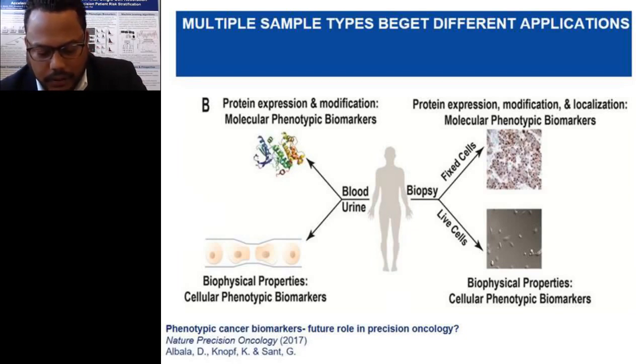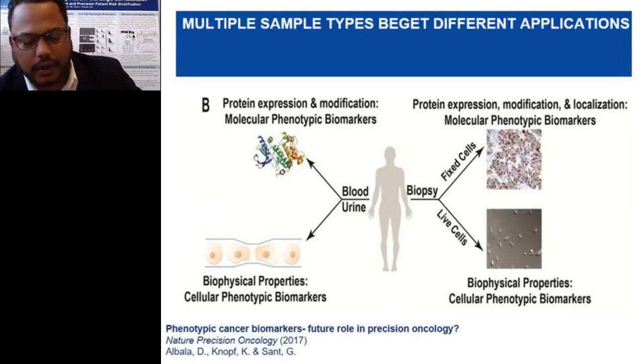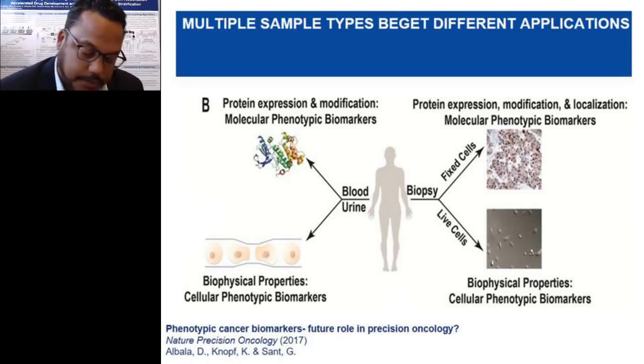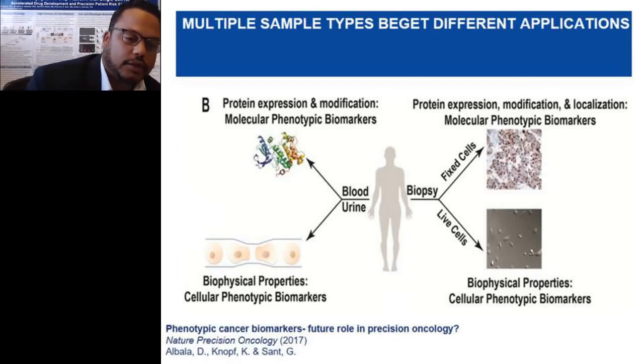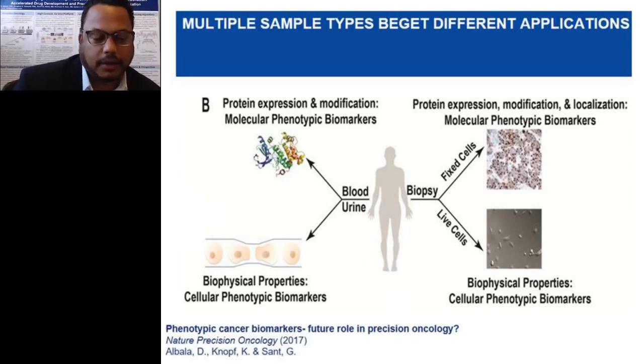Specifically, at least traditionally, blood and urine are great candidates for screening technologies or screening applications. Conversely, biopsy samples are more adept at maybe diagnostic or prognostic applications.